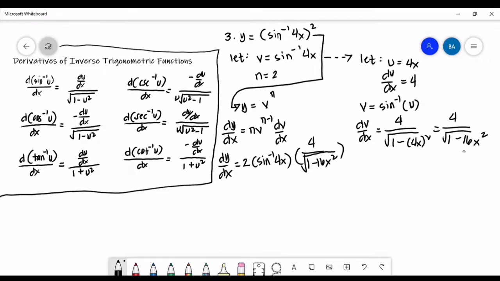So this is our answer. Or if you simplify, dy dx is equal to 8 arc sine of 4x over the square root of 1 minus 16x squared. So this is our answer now.